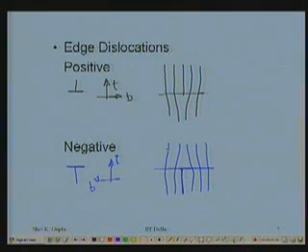So that's the configuration for the edge dislocation, positive and negative.